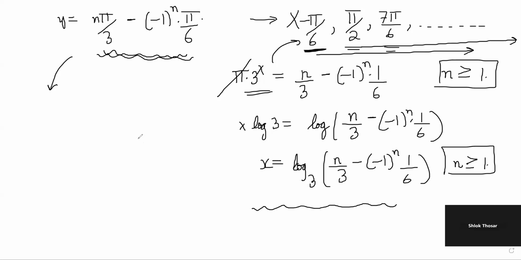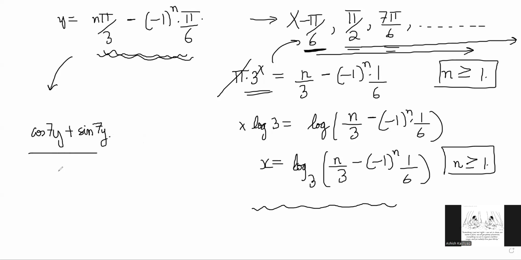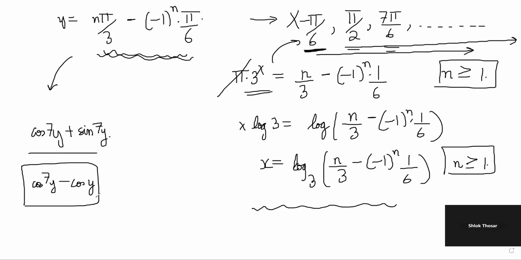No, sir, it's not only for 4y, like cos y plus sin y. Means cos and sin. Do you have a formula for cos 7y plus sin 7y? Is there any formula for this? No. Was there any formula for cos 7y minus cos 7y? No, there wasn't.